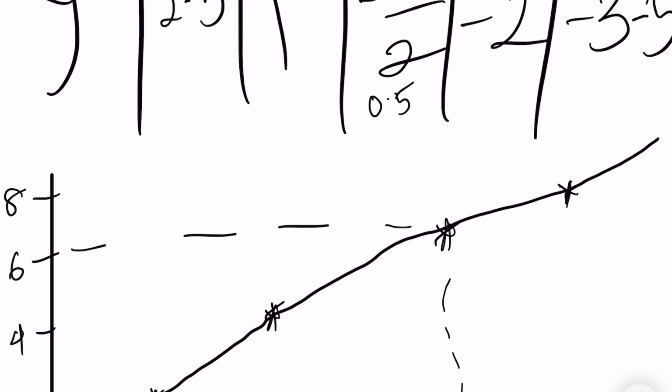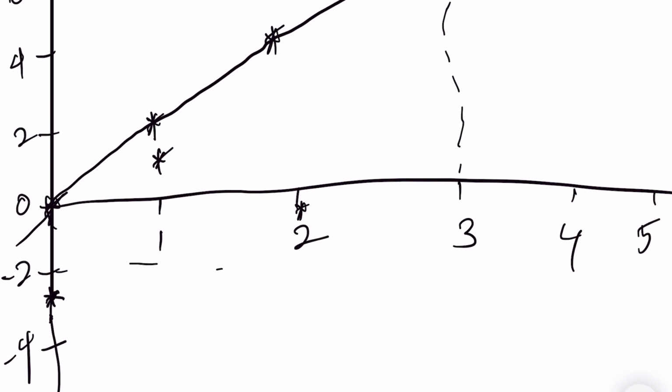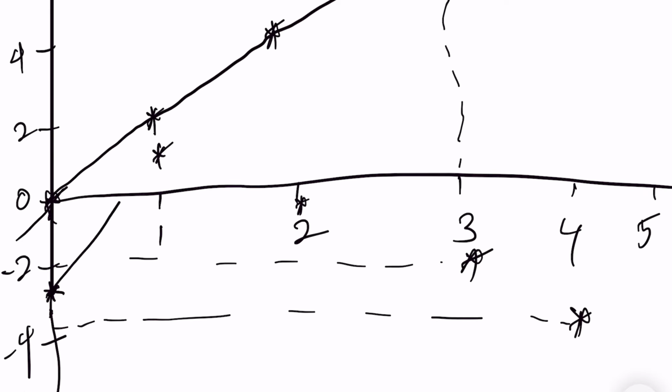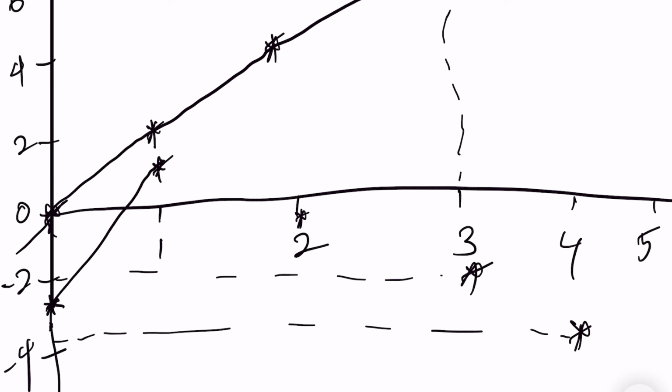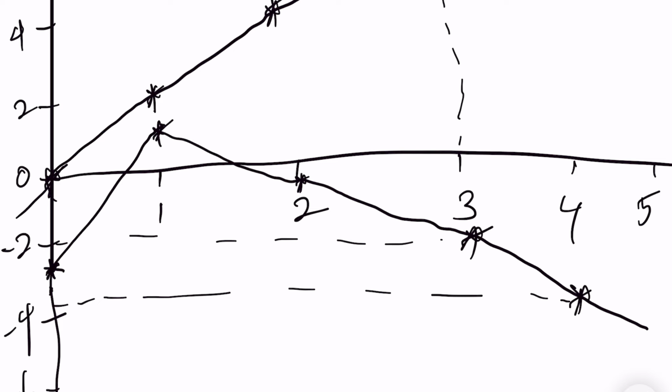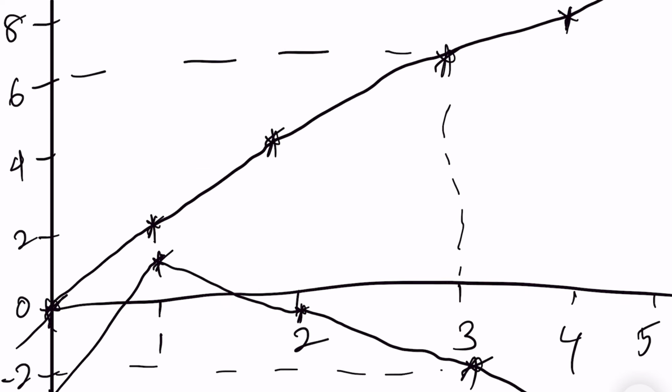Where x is 3, our y is minus 2. And where x is 4, our y is minus 3.5. So we have it to be this. This is the graph for the two equations.